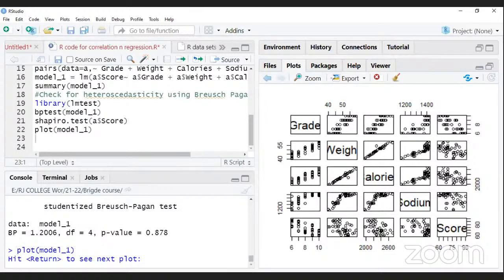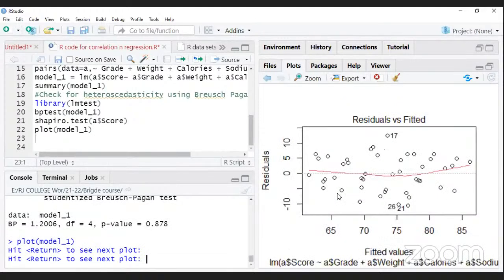So you will get some plot here. This is called residual versus fitted plot, and it will show you whether your data or error is normally distributed or not.